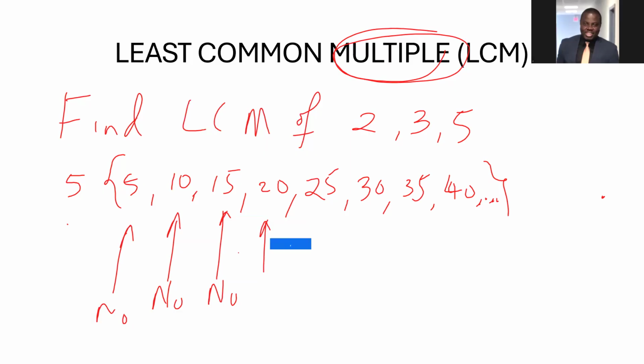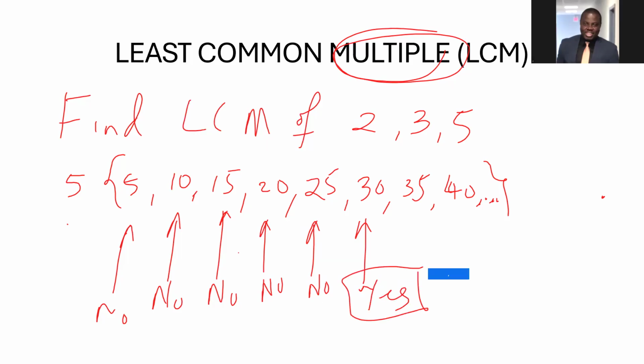No, so it doesn't work. 25. Is 25 a multiple of 2? Nope. What about 30? Is 30 a multiple of 2? Yes. 2 times 15 is 30. Is 30 a multiple of 3? Yes. So my LCM is 30.